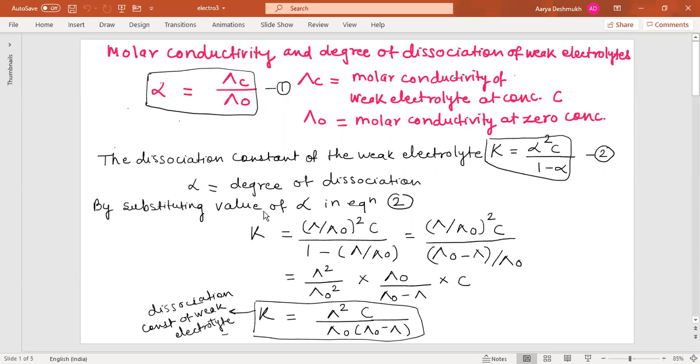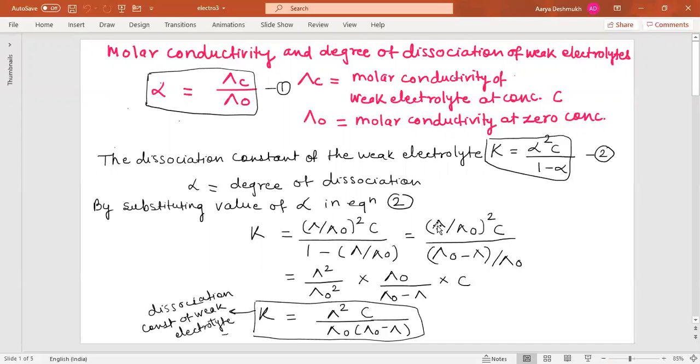So substituting the value of alpha from equation 1 into equation 2, we have alpha equal to lambda C upon lambda 0. So lambda C divided by lambda 0 whole square into C, divided by 1 minus lambda upon lambda 0. We substituted here the value of alpha only.